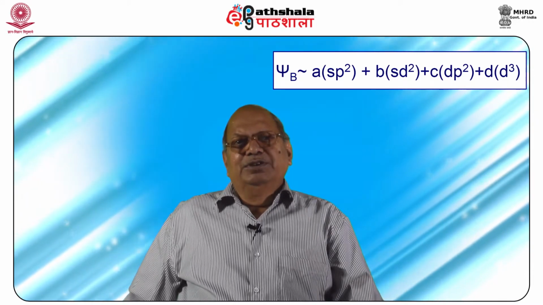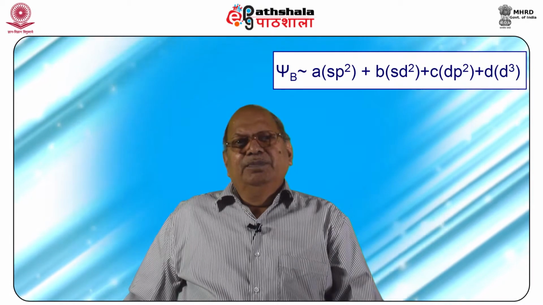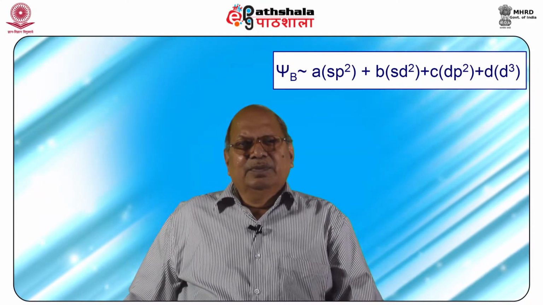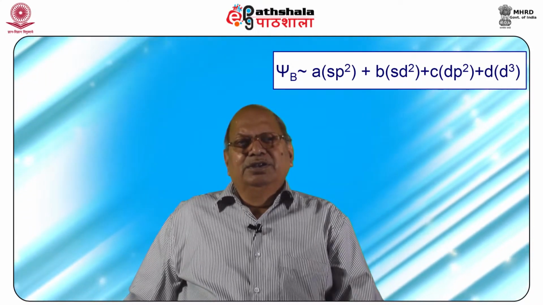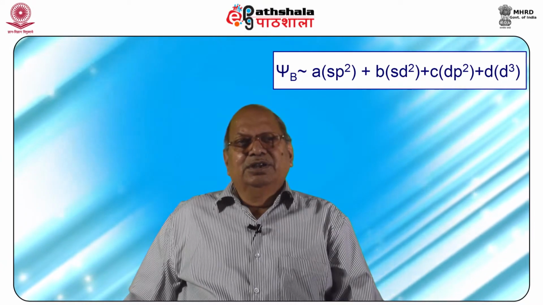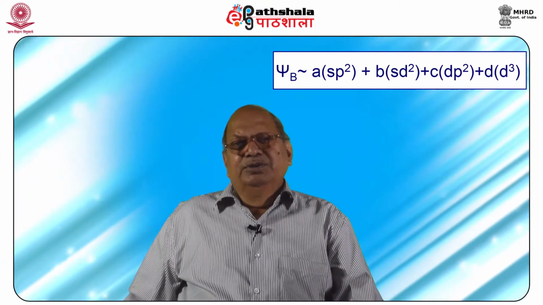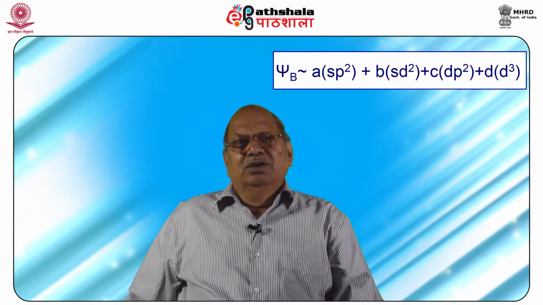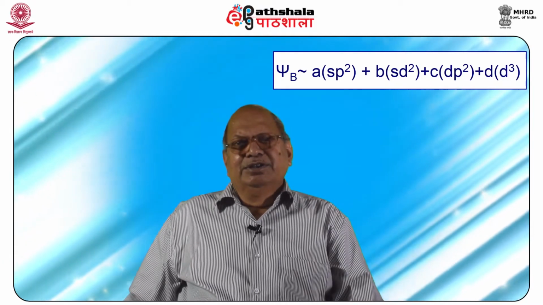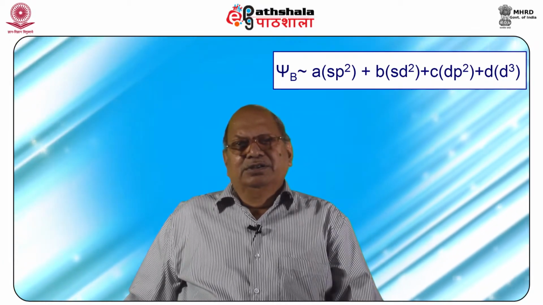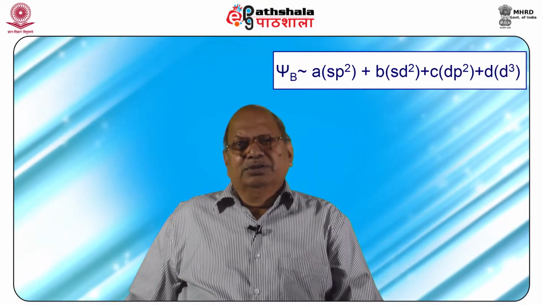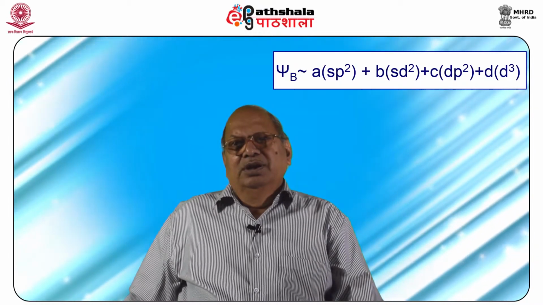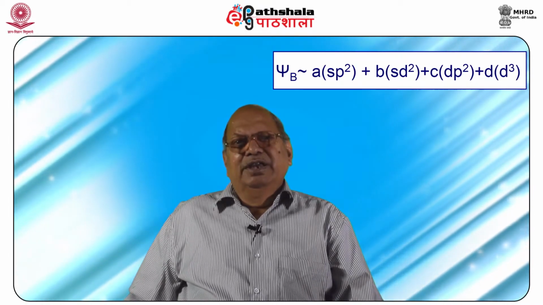The values of the coefficients A, B, C, D can be obtained from quantum mechanical methods, but our chemical intuition can help in ascertaining the importance of each of these possibilities. In the boron atom, d orbitals are not available for hybridization due to very high energy as compared to p orbitals. So the contributions from sd2, dp2, and d3 can be easily neglected.